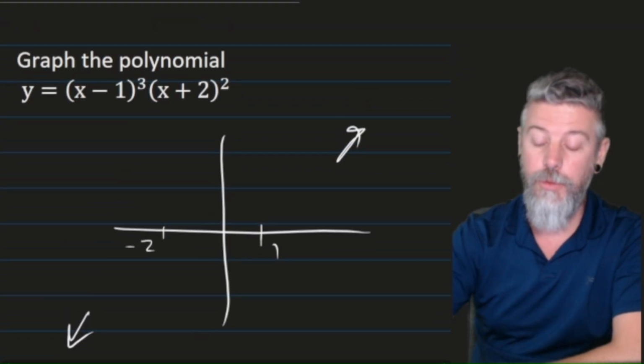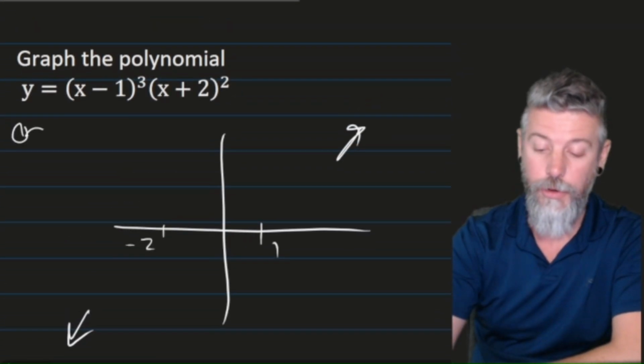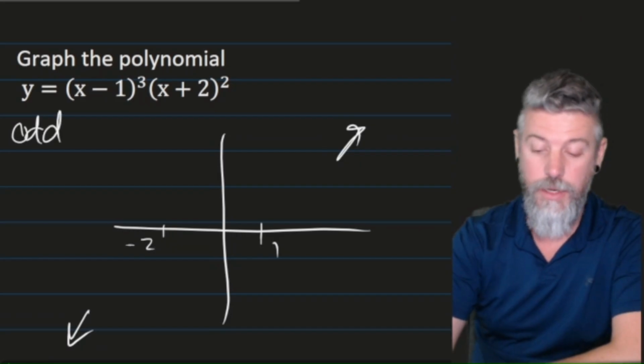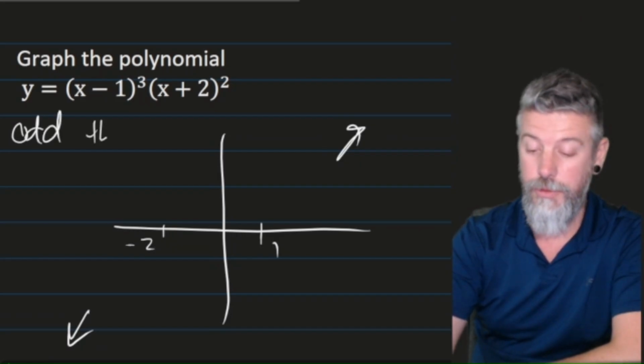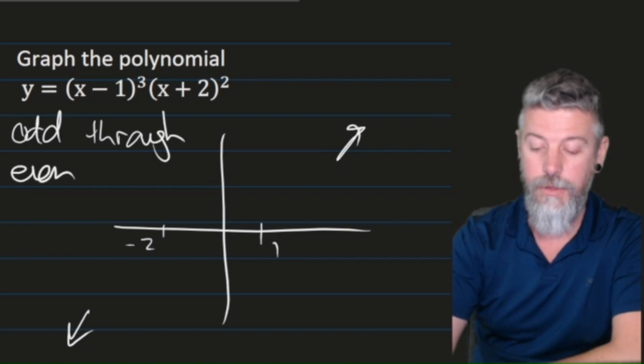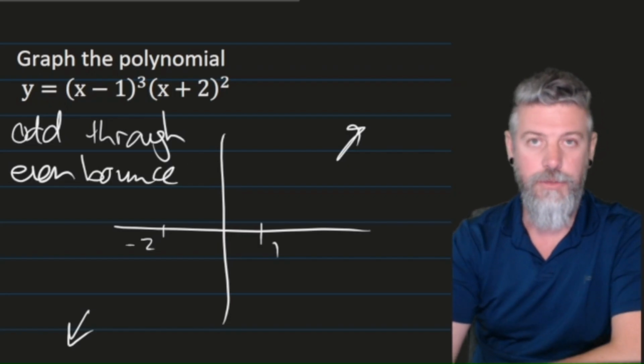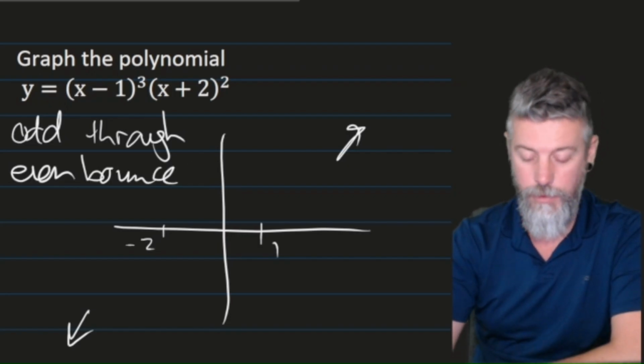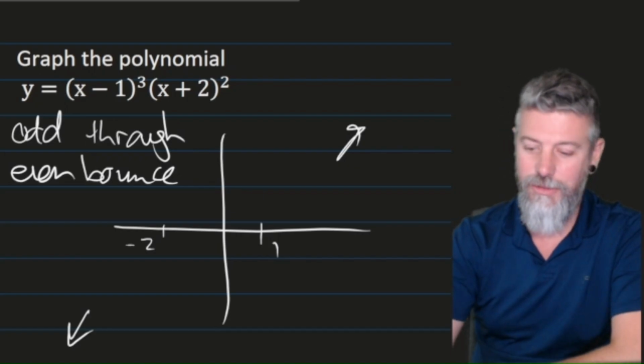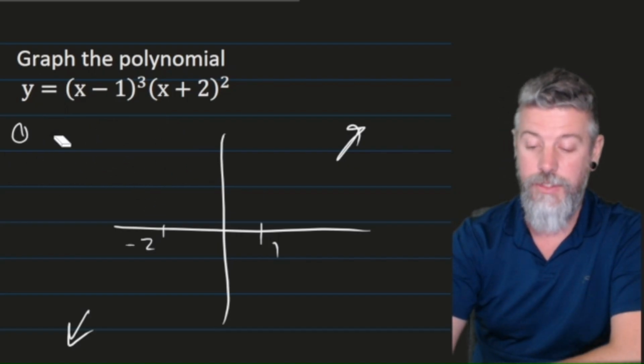If you have multiplicity of odd on a factor, it is going to go through. And if you have an even, it is going to bounce. Now it will always bounce back to the same side as where it's coming from. And obviously when it goes through, it's always going through from that side.